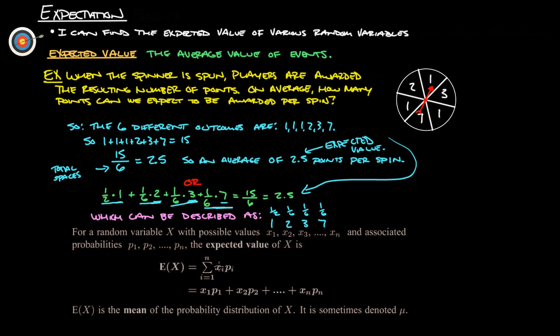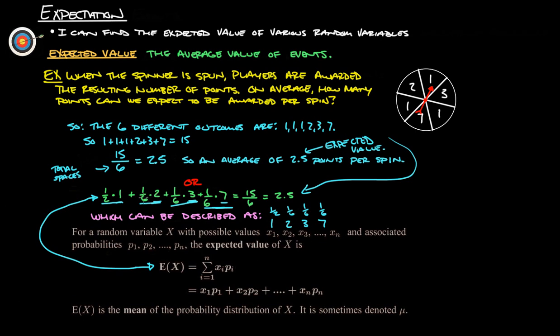The expected value of X would be given by this formula, which we actually just did. Starting with 1, the value for this spin is 1, times the probability. So that's 1 times 1/2, which is what we did right here, and then 2 would be the next value, and the probability of 2 is 1/6.